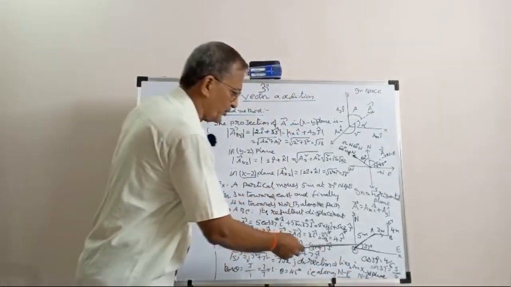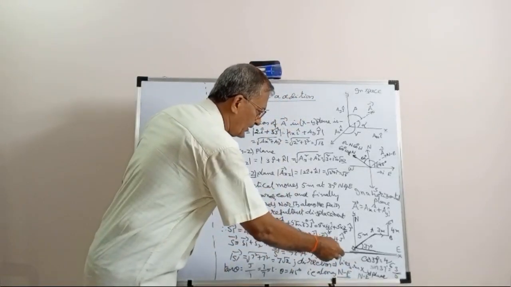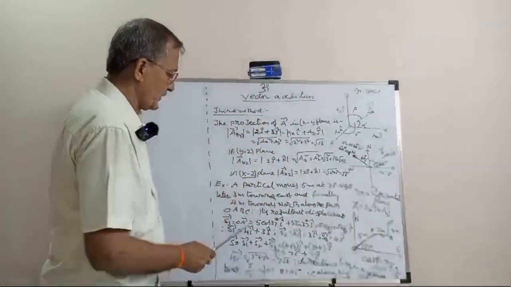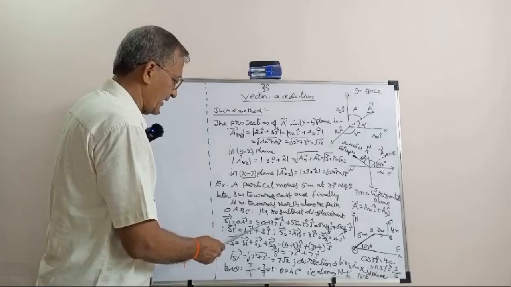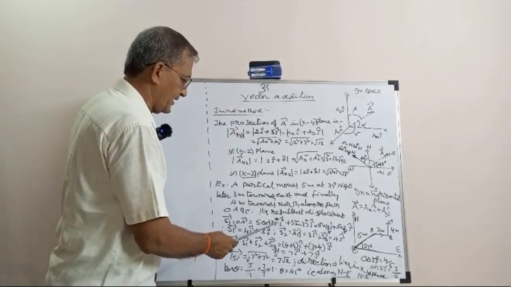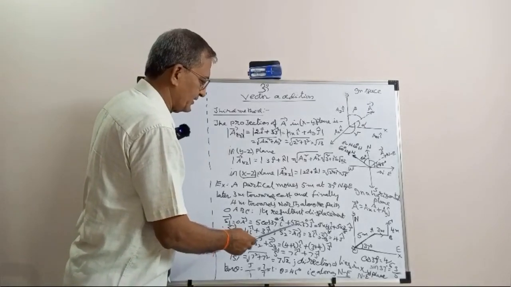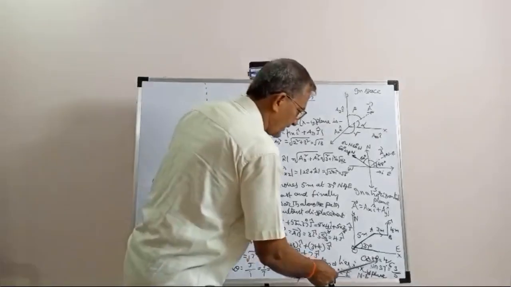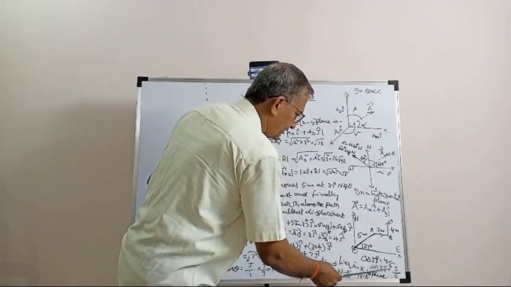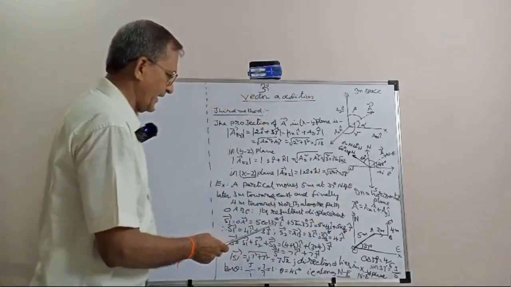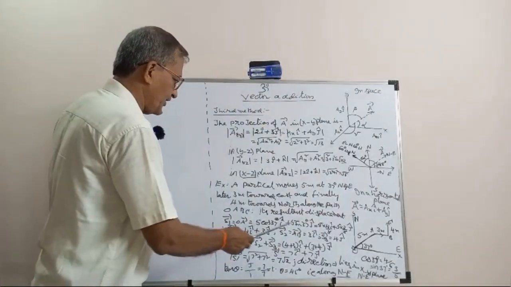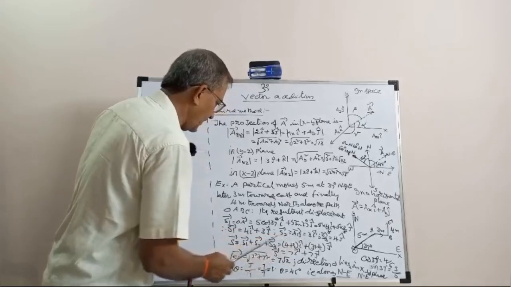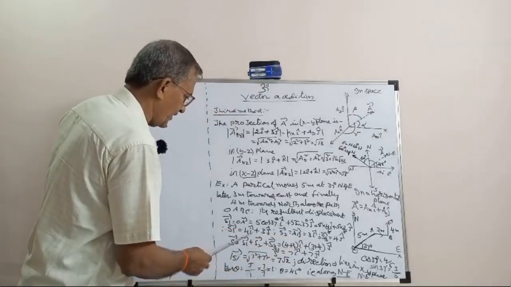That's why we are using the unit vectors i cap along east and j cap along north. That's why S1 bar is represented like this: 5 cos 37 degree i cap plus 5 sin 37 degree j cap. And if the values of cos 37 is 4 by 5 and sin 37 is 3 by 5, that's why the vector form of S1 bar is 5 gets cancelled, 4i plus 3j.